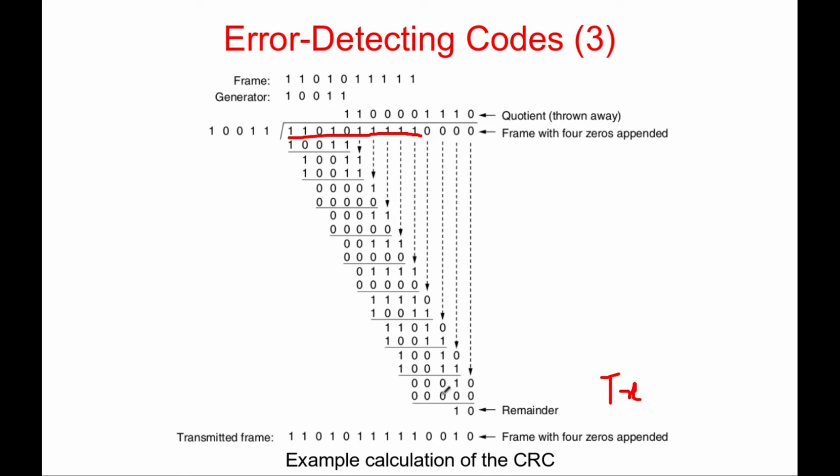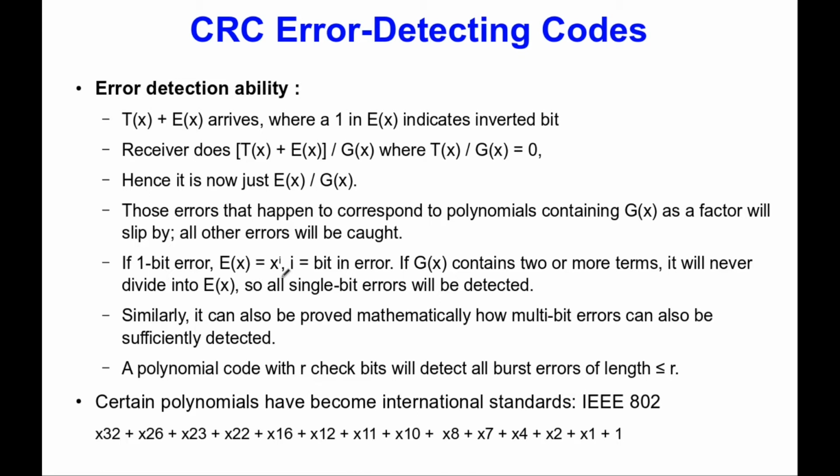But if there were some errors, the receiver is bound to get some remainder which is other than 0, and that's how the receiver can correctly detect that there has been an error if the remainder is other than 0. So we will now see the power of this particular method in detecting errors correctly.